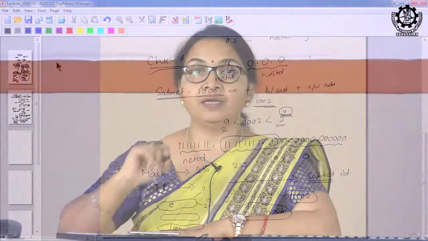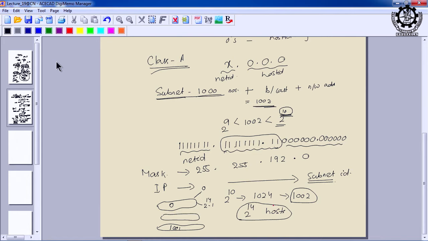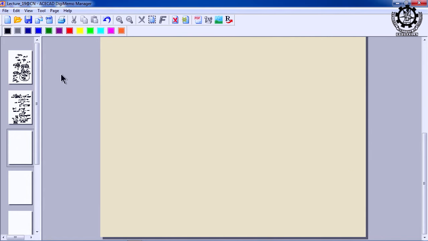Now, let us find out, of these subnets and these host addresses, what will be the special IP addresses and what will be the valid IP addresses for any host. As a network designer you have been given the number: you frame 1002 subnets and give me the list of valid IP addresses.